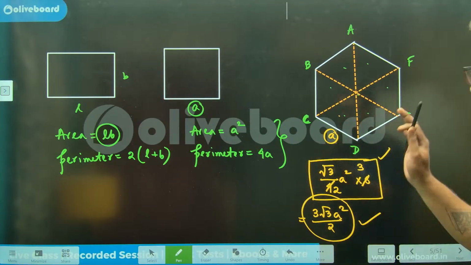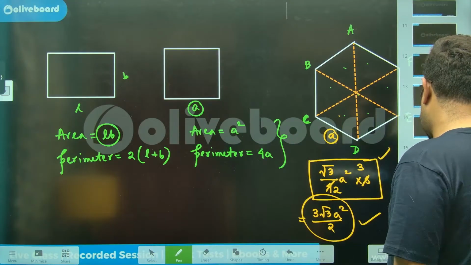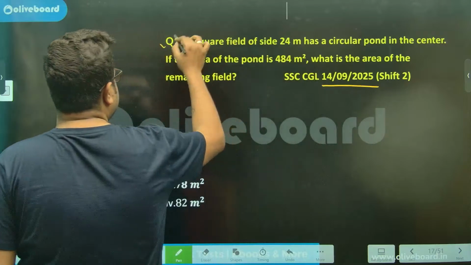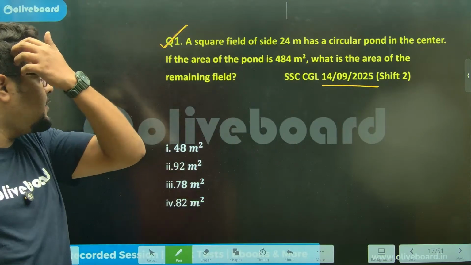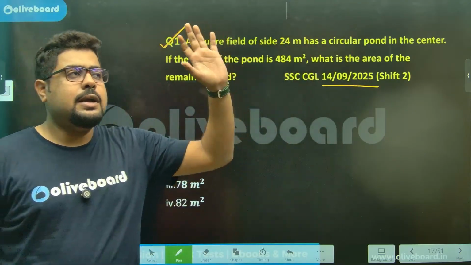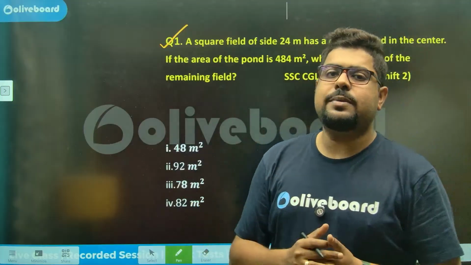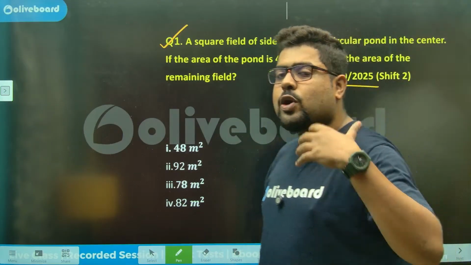Now we have done a little bit of theory. Before I move to circles, let's solve a few questions. CGL 14th September 2025, shift 2. First question of the day. Again, a little bit of circle is there. Let me say this upfront: this year, especially in 2D mensuration, and the same happened in 3D as well, they gave complex questions.